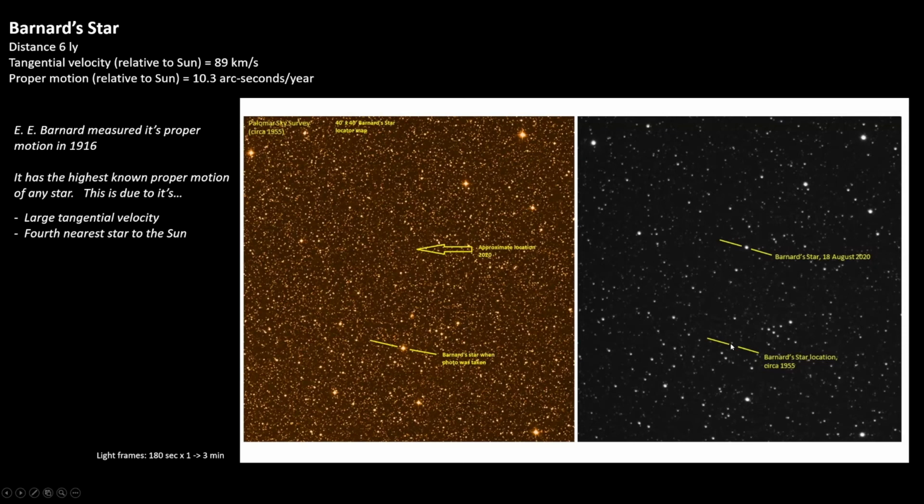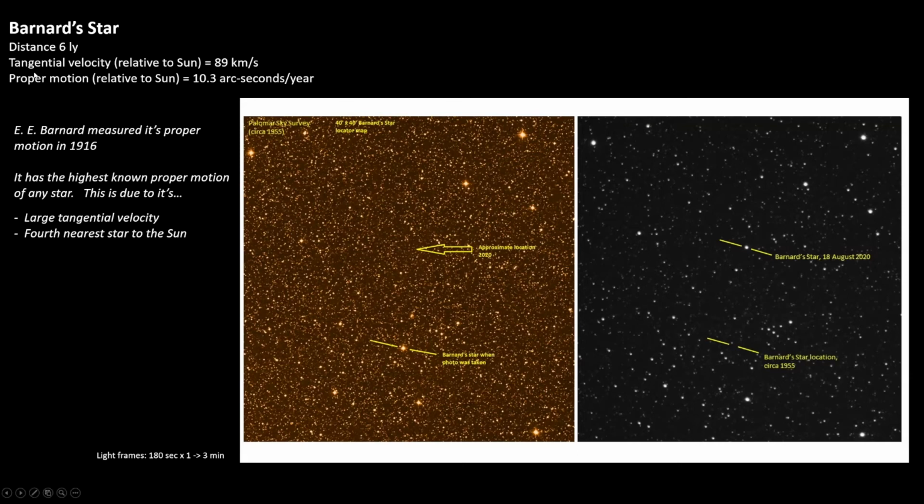And then if we go down, you can see that there's this star just to the right and above the left tick mark, and that's that star right there. And then there's this very bright star, one of the brightest in the entire image, Barnard's star in 1955, and it ain't there in August of 2020, and in fact has moved up to here. And you can spend a lot of time looking at all these other stars, and nothing else has appeared to move at all.